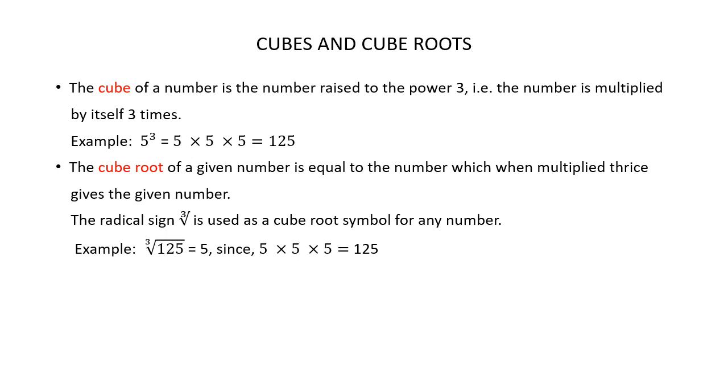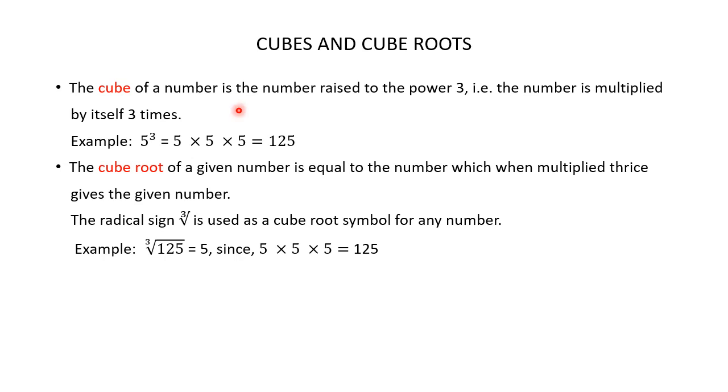Now let's move on to cubes and cube roots. What are cubes? The cube of a number is the number raised to the power 3. That is, the number is multiplied by itself 3 times. Square of a number, the number is multiplied by itself 2 times.